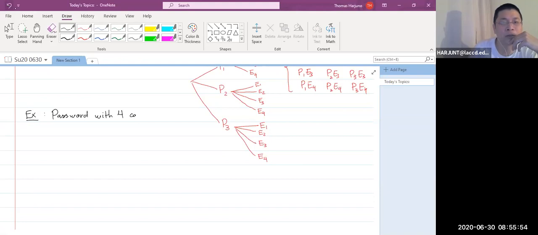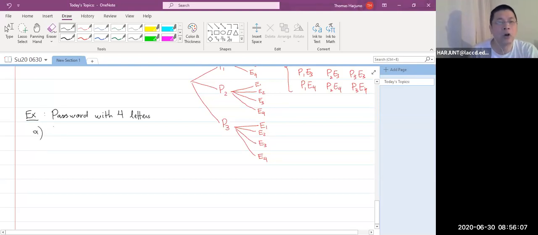Four letters. Suppose I say create a password with 4 letters. Then how many passwords with 4 letters can be created?